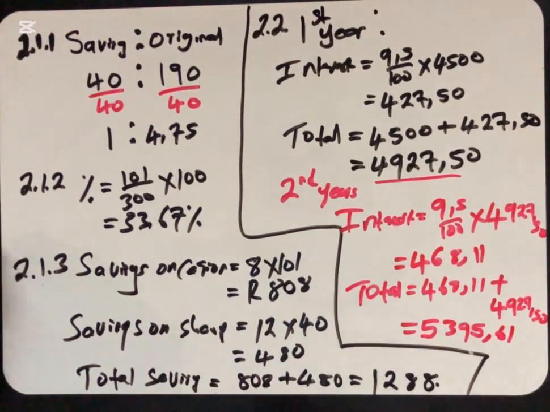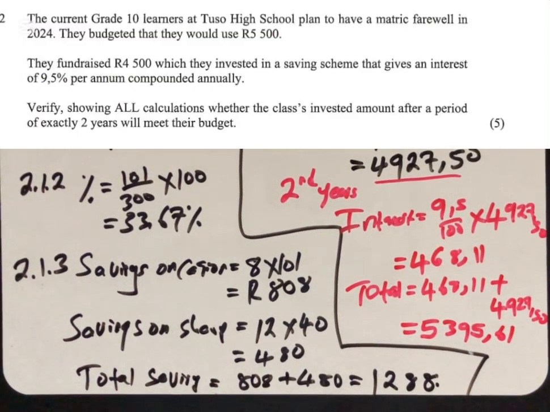395.61 cents. So if you go back to this question, they are looking for how much? 5,500 rands. And when we do the calculations, we found that at the end of 2 years, they will have 5,395. So what can we conclude about this? We are going to say, show with calculations whether the class will have invested in this product will meet their budget.